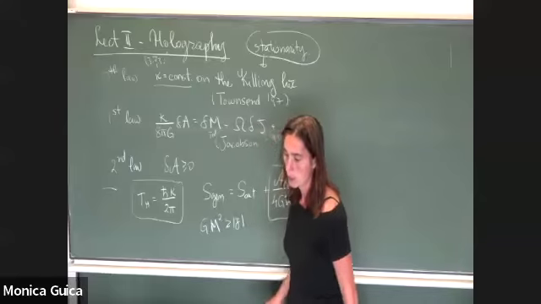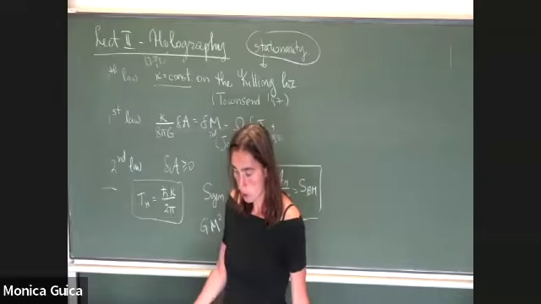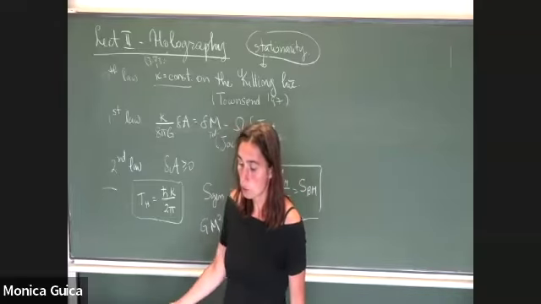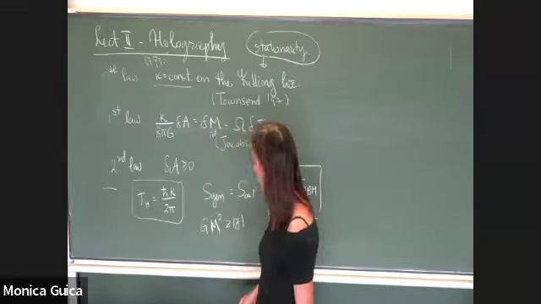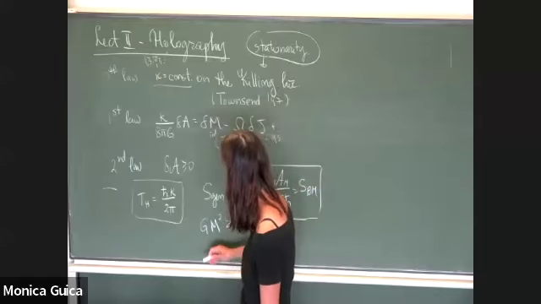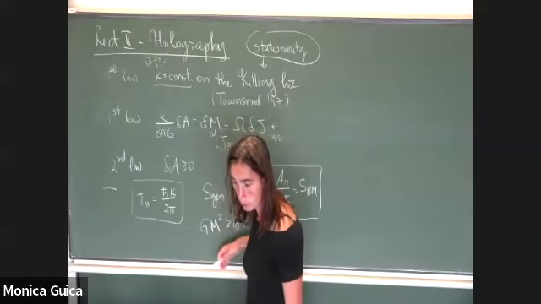You can come up with a Reissner-Nordstrom black hole, the charged black hole, or a Kerr-Newman black hole, which has both charge and angular momentum, and you have similar lower bounds on the mass in terms of the charge.